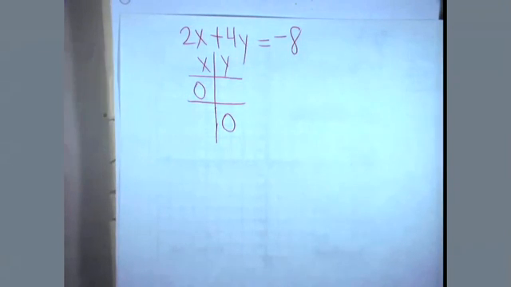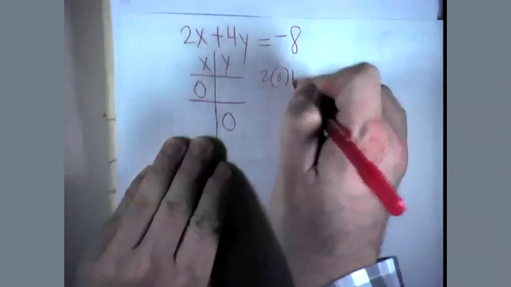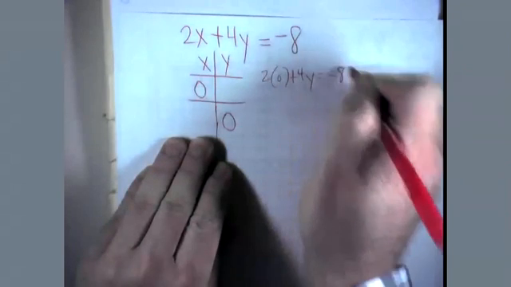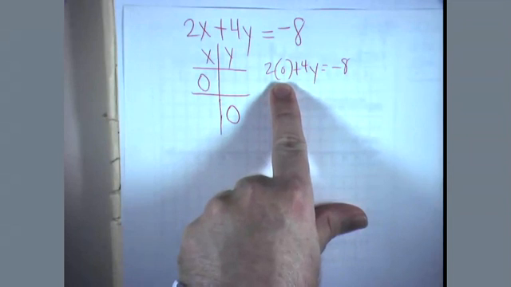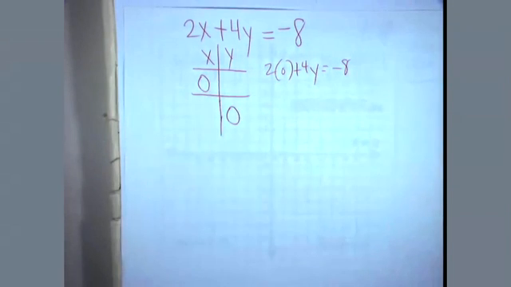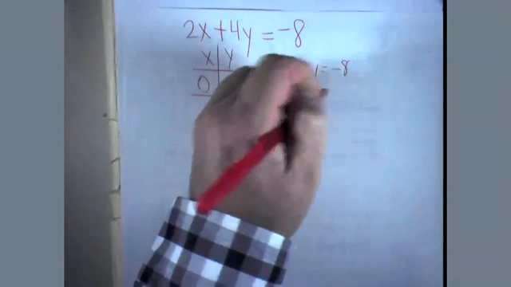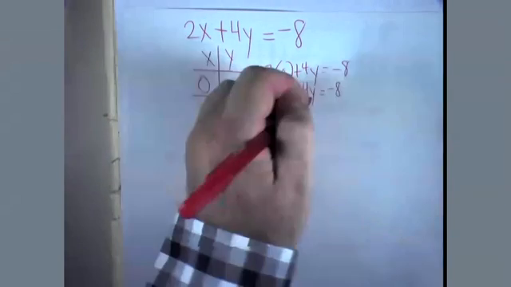Now, if we let X equal 0, then this first part here disappears, and you're left with 4y equal to -8. Just divide both sides by 4, and we get the first ordered pair.